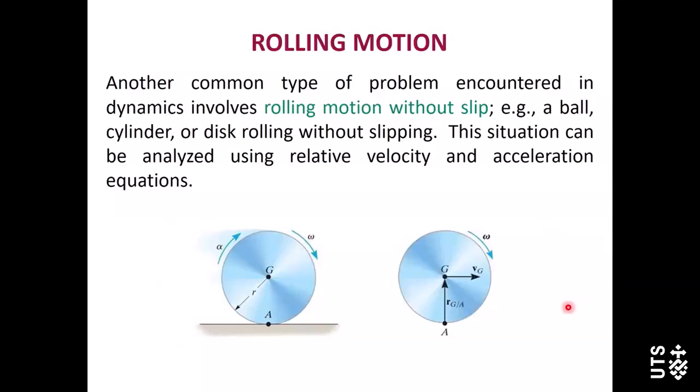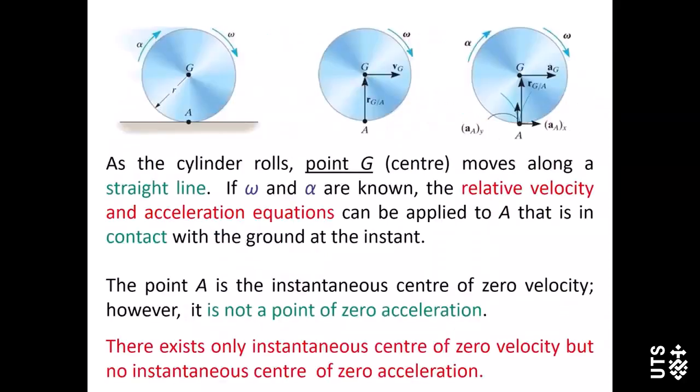And we can use relative motion analysis of velocity and acceleration to solve a problem of rolling motion without slip. When we studied relative velocity analysis, we know we have only one equation.